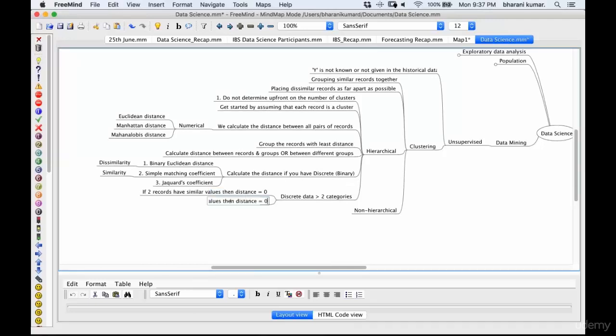If two records have dissimilar values, then the distance is equal to 1. Simple. This is what we do if discrete data has more than two categories.